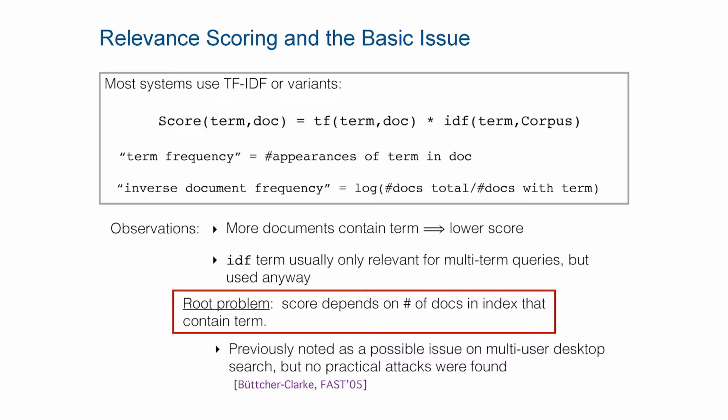The substance of their observation was basically that I could solve this equation if I knew all the variables except for this one right here. They observed that maybe in Apple Spotlight, so desktop search, 2 desktop users could exploit this side channel, but they did not implement it, and they cited some difficulties for why.